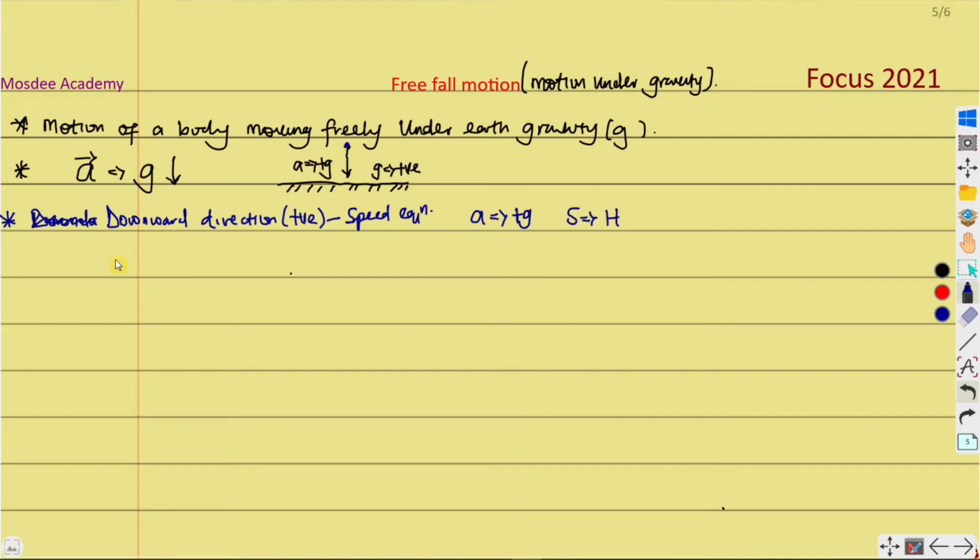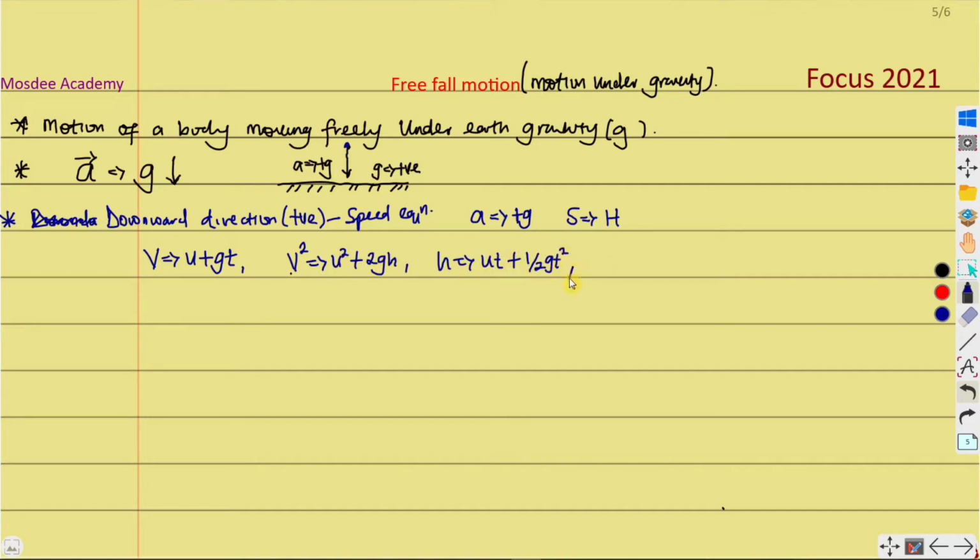So all the speed equations we have learned before, which are V equals U plus GT. We can see that the A I'm turning to G. The second case, we have V squared equals U squared plus 2GH. The third case, which we can discuss, H equals UT plus half GT squared.